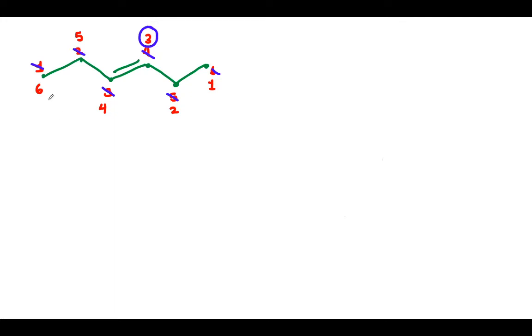When I'm naming this particular compound, I'm going to go with the number of carbons there are. There's 6 carbons, so that would be hex. That's my prefix. I know that there is at least one double bond, so I'm going to use my ENE ending. So it's a hexene.